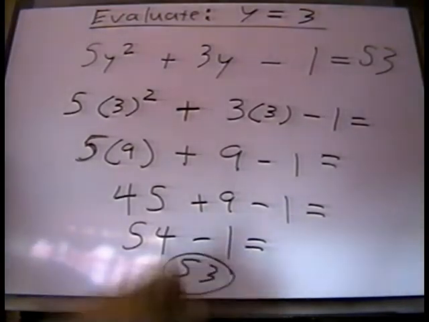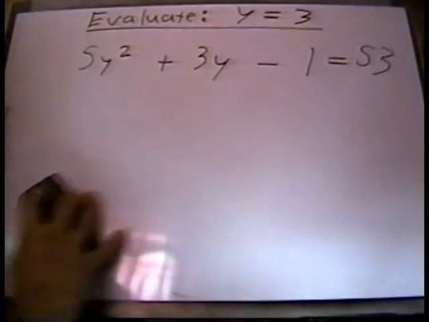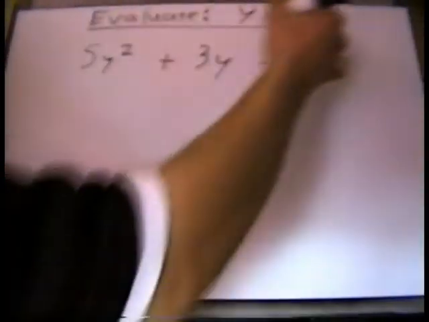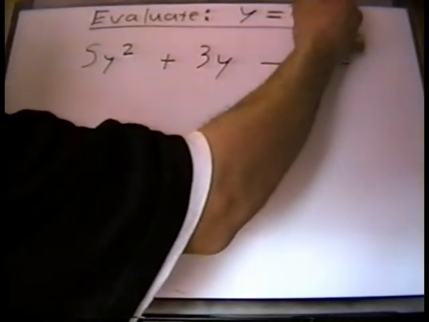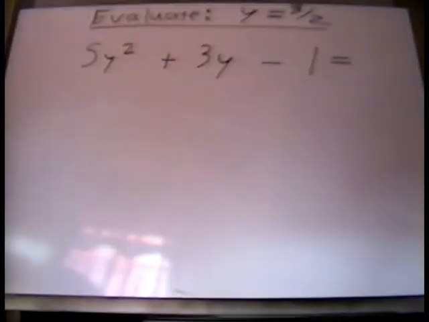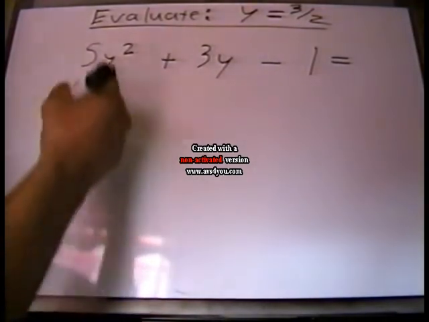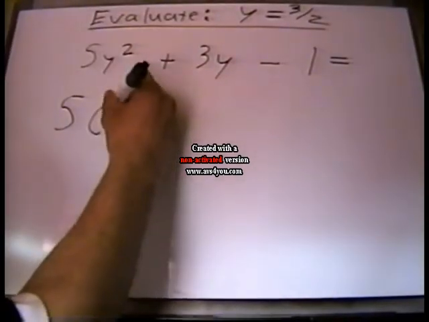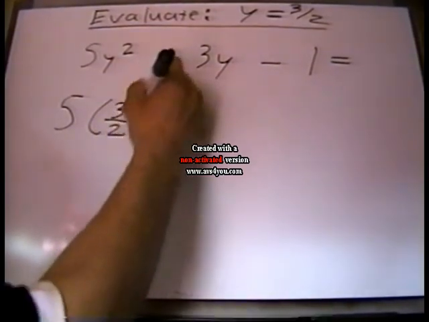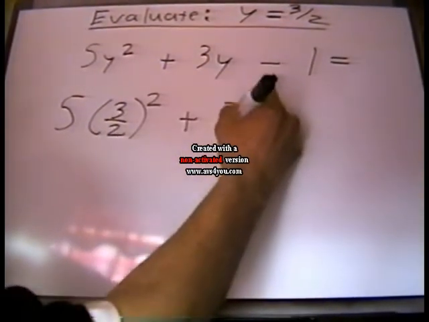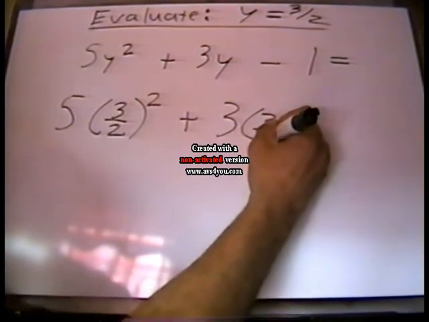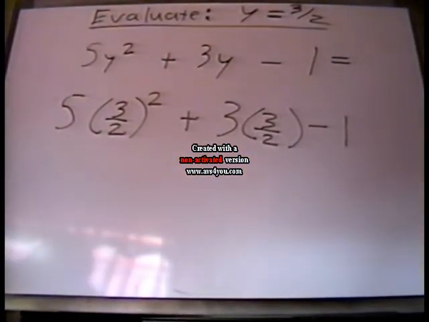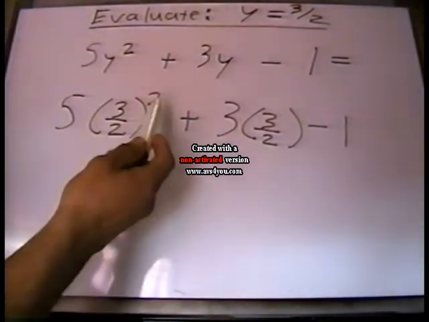Okay, next we want to evaluate the expression if y equals 3 halves, or 3 over 2. So we're going to replace y with 3 over 2 everywhere we find y. First thing you do, you evaluate the powers.